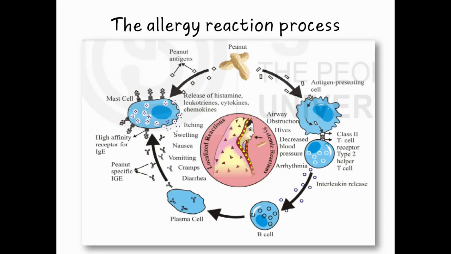After binding with the IgE receptor of the mast cell, there will be complement fixation, and this will lead to the release of components such as histamine, leukotrienes, and cytokines or chemokines, which will induce itching, swelling, nausea, vomiting, cramps, and diarrhea in the body.